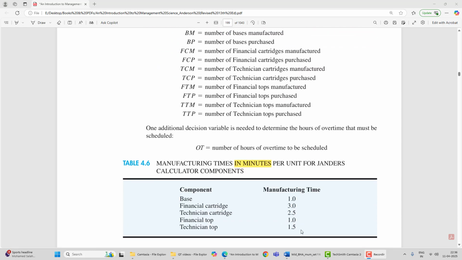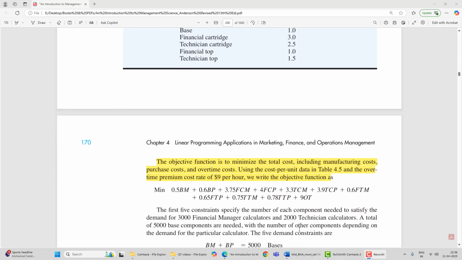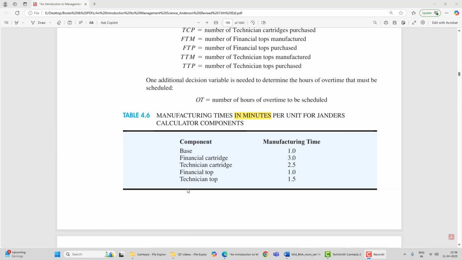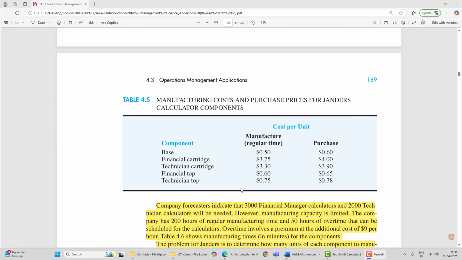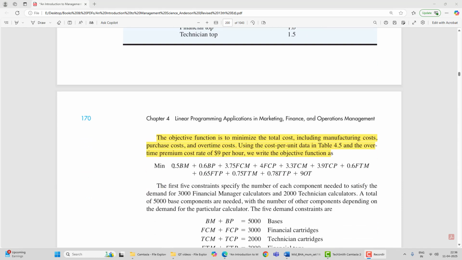Right, now the total cost we will write, and that total cost will be minimized. So the objective function is to minimize the total cost, right? So basically all these items are multiplied by their corresponding prices, 0.5, 3.75 for manufacturing and 0.6 for purchasing. Looking at the first two, 0.5 is for the base manufactured, and 0.6 is the base purchased.